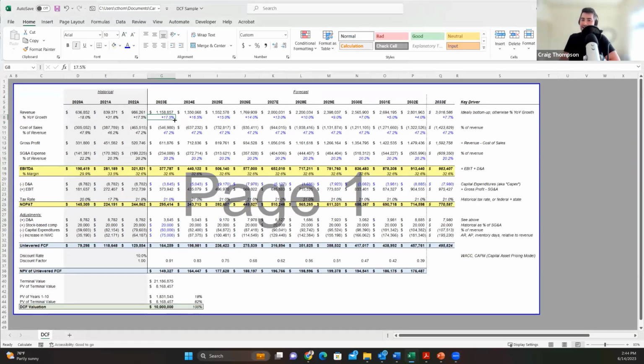I used the random number generator function to generate a lot of these. I just said equals rand, and if it was a total nonsense number, I changed it. But you can see my 2023 revenue forecast is just based on this 17.5% growth number. I made that up. So you can spend a lot of time trying to get to the quote unquote best, or right, growth forecast. And that's really where a lot of the time is spent.